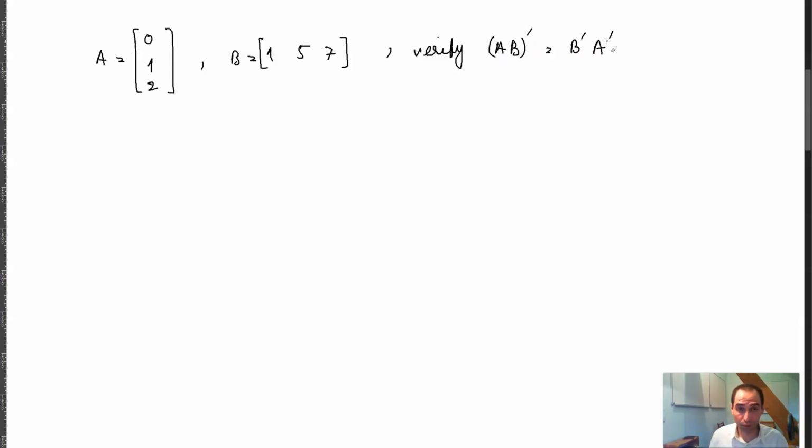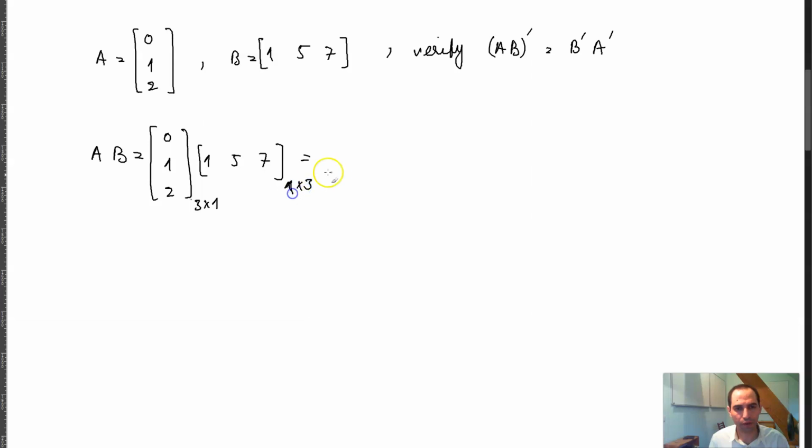Now in order to do that, A times B is equal to 0, 1, and 2, multiplied by 1, 5, and 7. So you have a 3 by 1 matrix here, you have a 1 by 3 matrix here, so you get a 3 by 3 matrix.